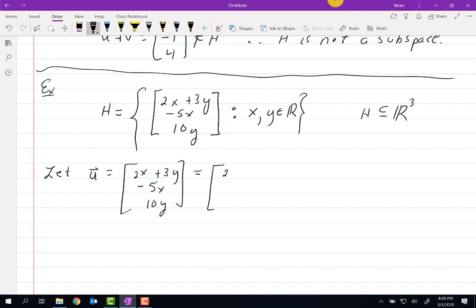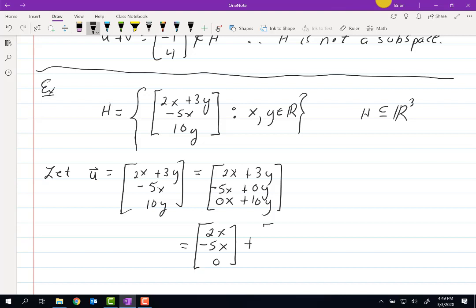I have 2x + 3y, -5x + 0y, and then 0x + 10y. Well, from this, you can see I can break this up into the following two things. I have 2x, -5x, and a 0, plus 3y, 0, and 10y.